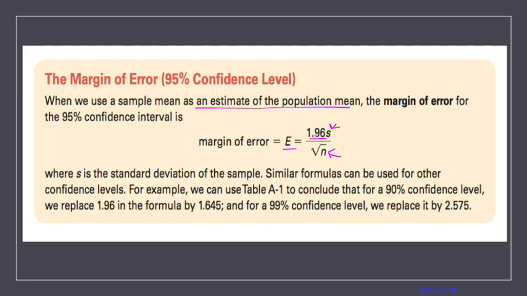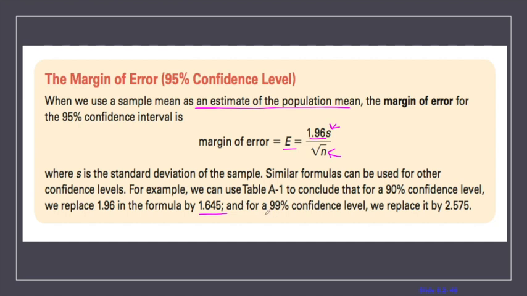Now, this 1.96 is for the 95% confidence interval. If we want to construct a 90% confidence interval, that is going to be found by replacing 1.96 with 1.645, because that's how many standard deviations you would need to be away from the mean in order to have the middle 90% of data.